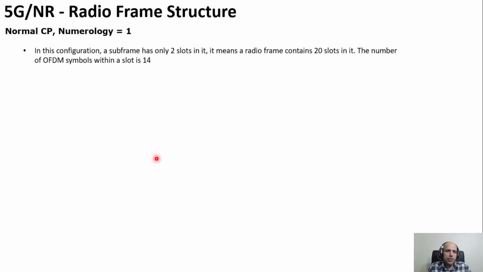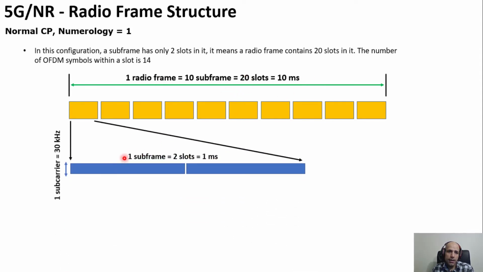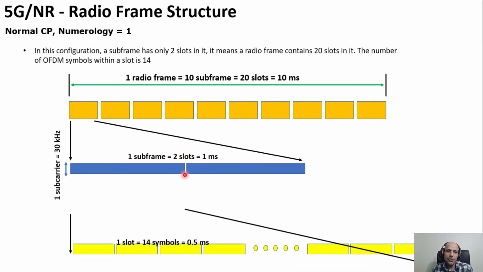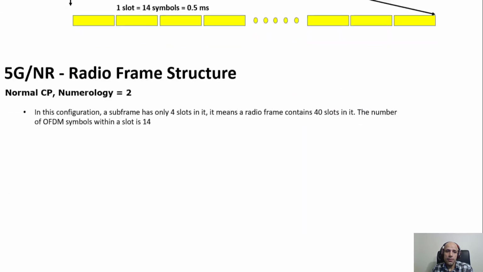Here it's showing when your numerology is equal to 1. You will have one frame of 10 milliseconds, but with 20 slots. So one subframe is divided into 2 slots, your slot length changes to 0.5 millisecond, and each slot contains 14 symbols.